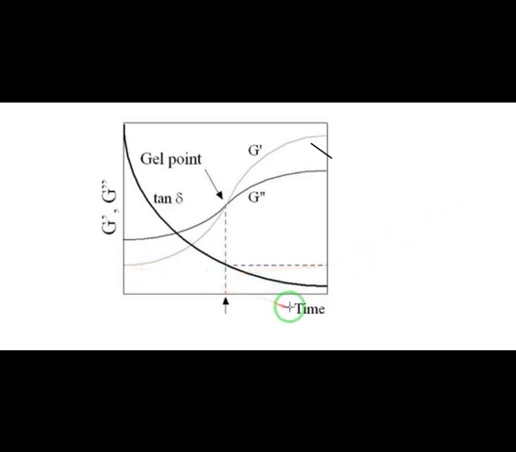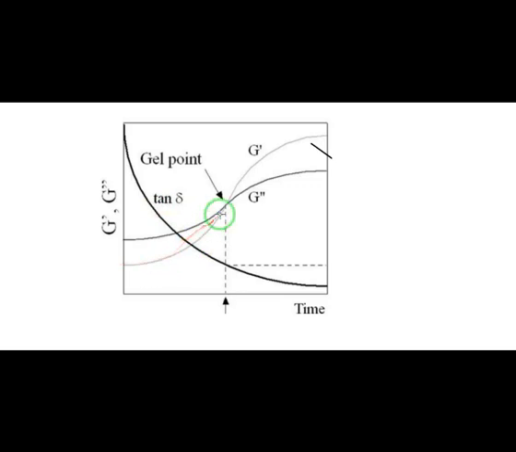You will see that as the time goes by, the cross-linking is happening more and more. At the beginning, the G double prime for the liquid is greater than the G prime for the solid. So we have the colloid, let's say, the liquid phase.